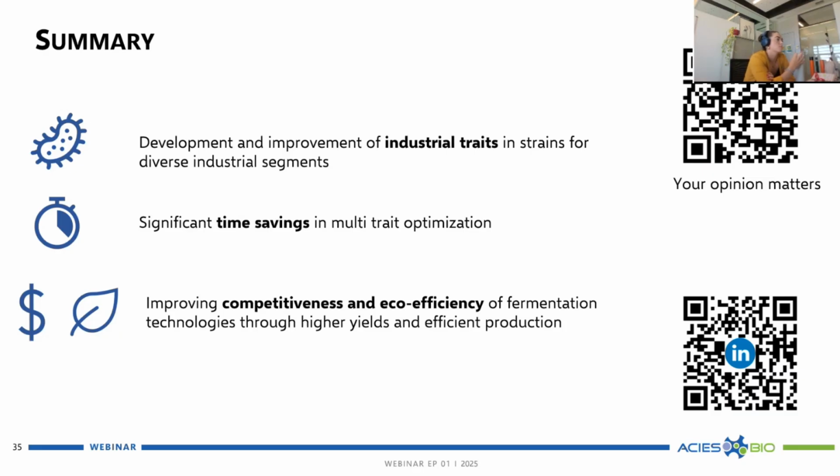But maybe to summarize also regarding the uses, the development and improvement of these industrial traits using strain optimization can be used for development of industrial traits in strains for diverse industrial segments, and many times there is a big time saving, especially when we are talking about multi-trait optimizations or even traits that are multigenic, so having different causative mutations, then you can maybe tackle that through these strain optimization efforts.